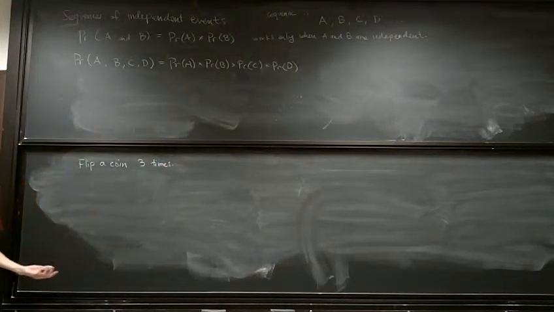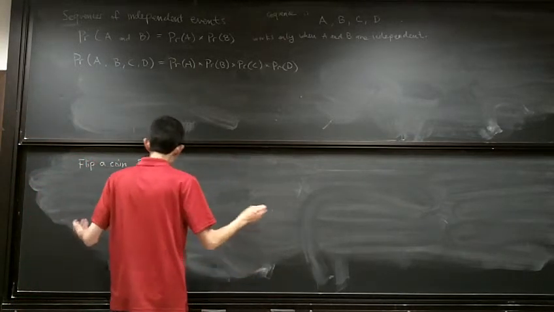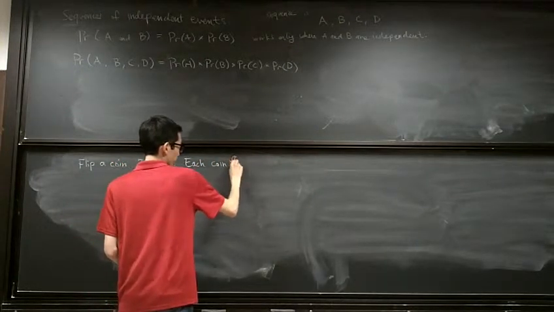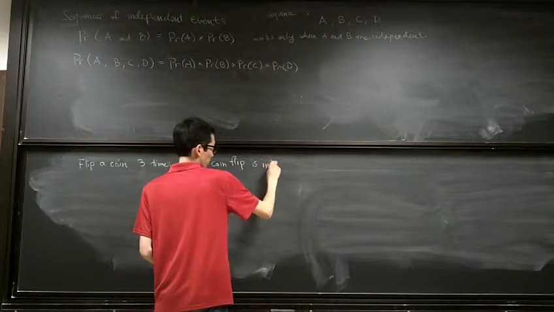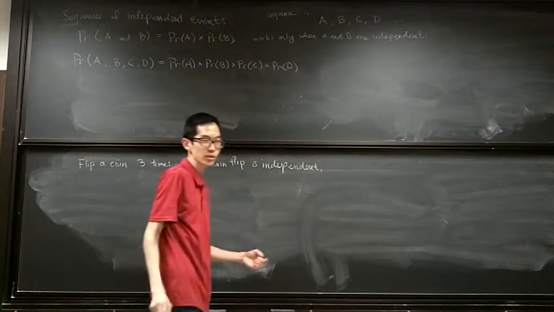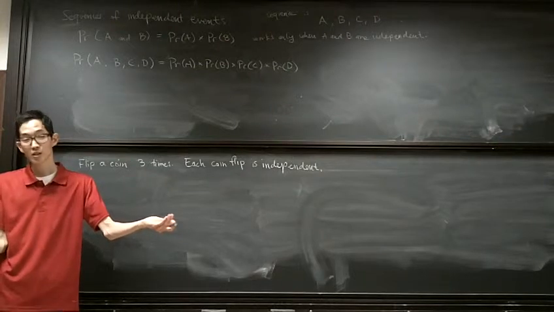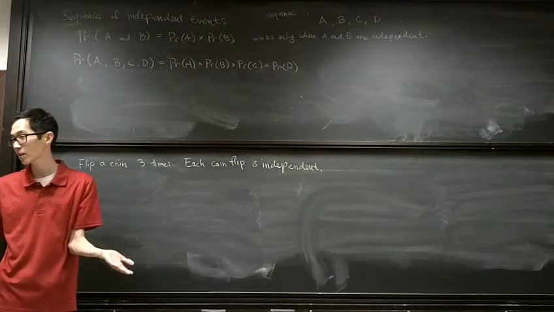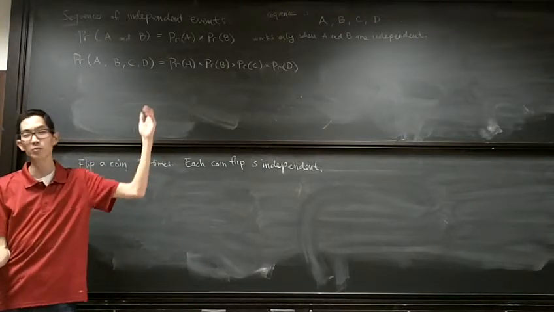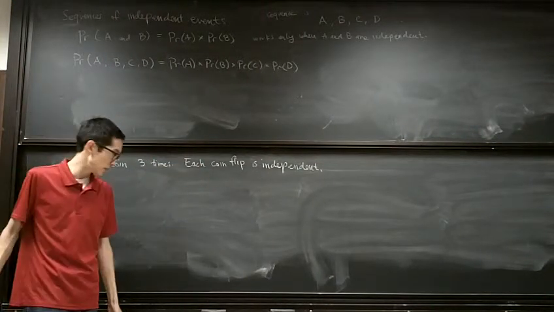Each coin flip is independent of the others. So that means anytime you flip a coin, the outcome of the coin flip doesn't depend on anything else that has happened. You could see 5 heads in a row, and then the next time you flip a coin, the probability of getting heads is going to be 50%, right?